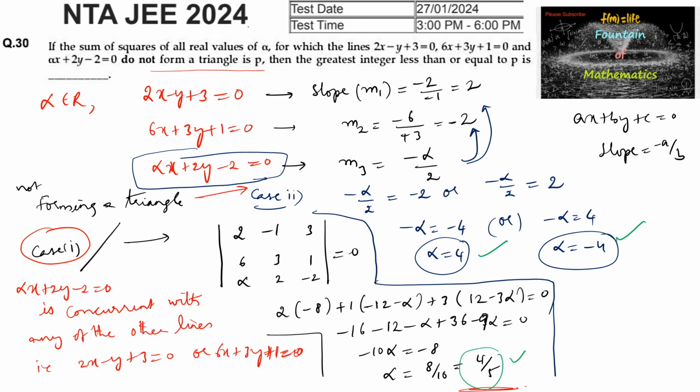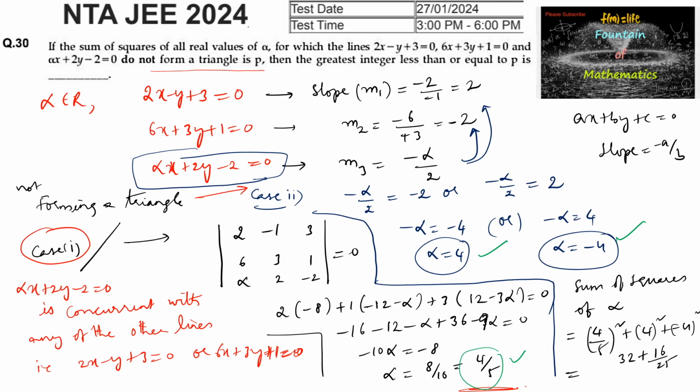And the question is about the sum of squares of all real values. All these are real values. So the sum of squares of the possible values of alpha is 4 by 5 whole square plus 4 square plus minus 4 whole square, which is equal to 16 plus 16, 32, plus 16 by 25.